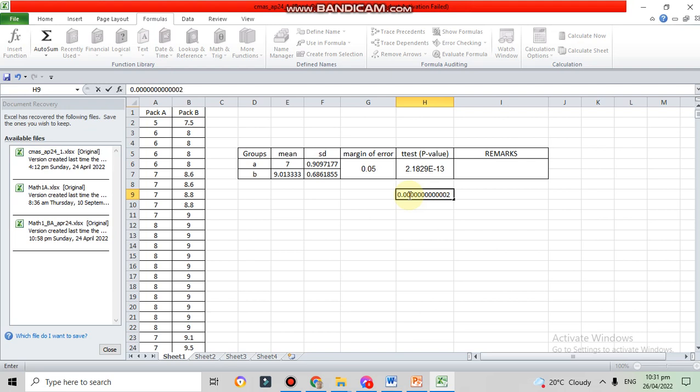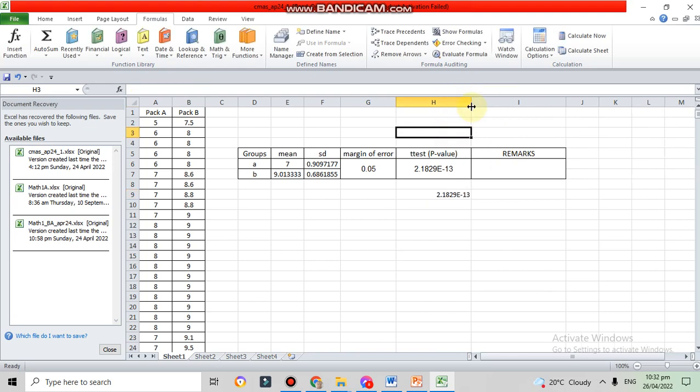Okay, 1, 8, 2, 9. So imagine how small that number is. Okay, so it's so small that Microsoft Excel expresses it in scientific notation. It has many zeros before the number 2.